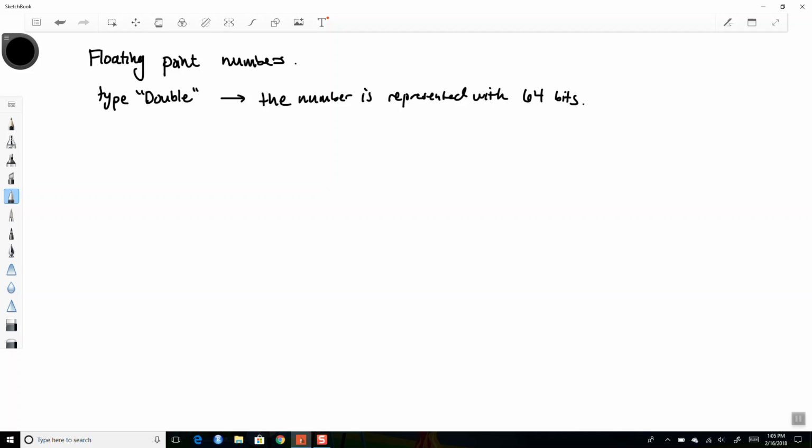You might ask, what about single? Well, there is such a thing as type single, but it doesn't exist in R, okay? In C and in Python and in other languages, you have 32-bit floating point numbers. It uses half as much memory, and you do calculations that way.